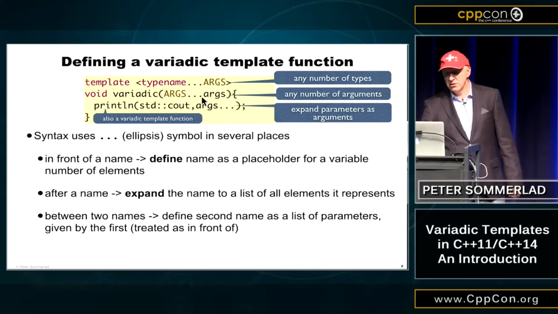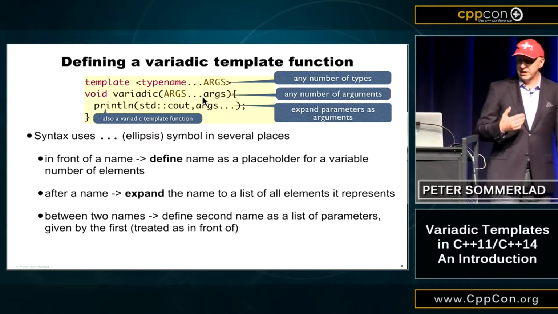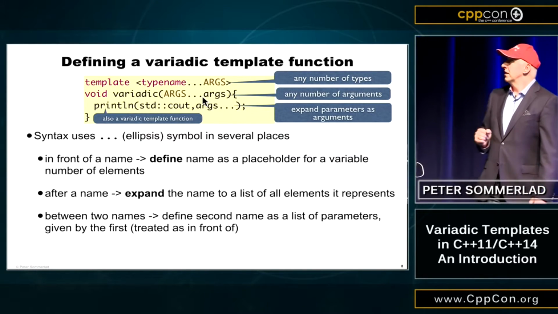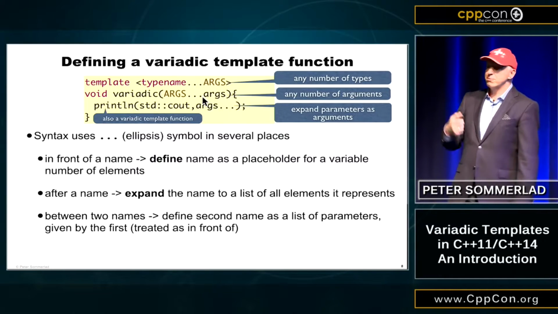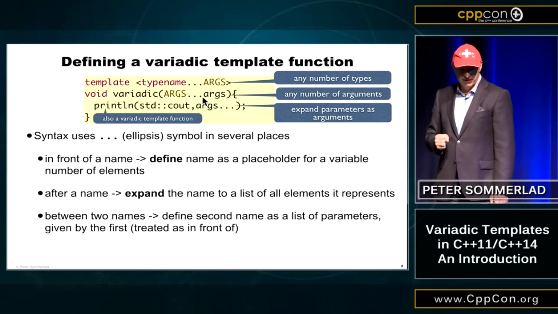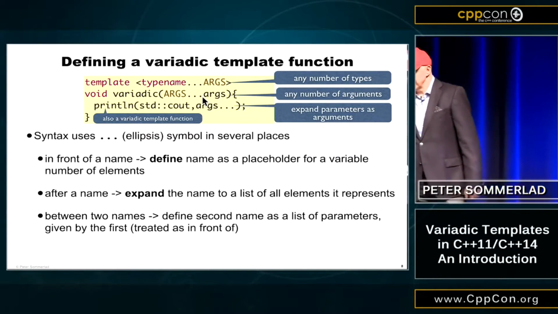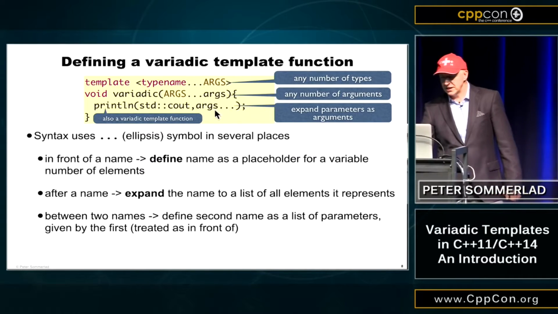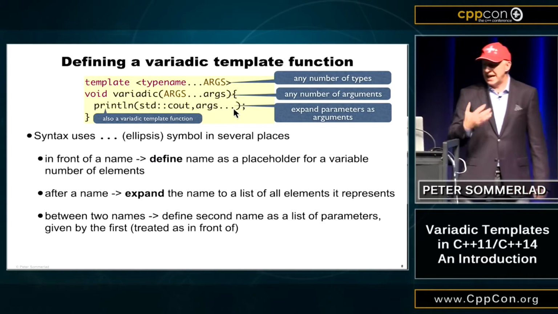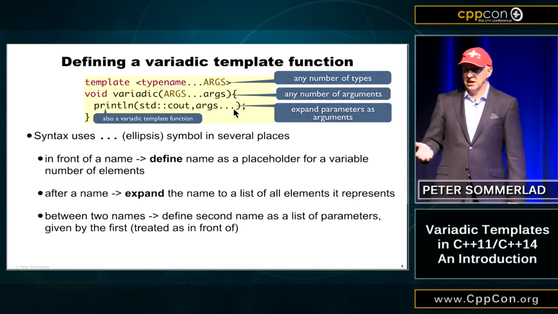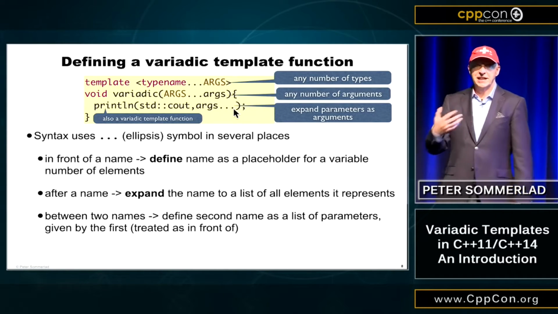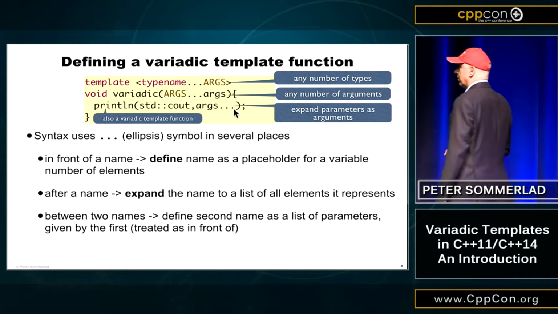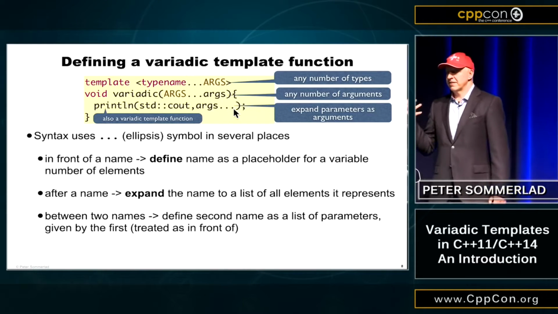If we define a variadic template function, we usually use these typename arguments to specify our function arguments. And then we can use these function arguments by expanding them with another expression or call where it just replaces all of the arguments. That gives us the syntax.